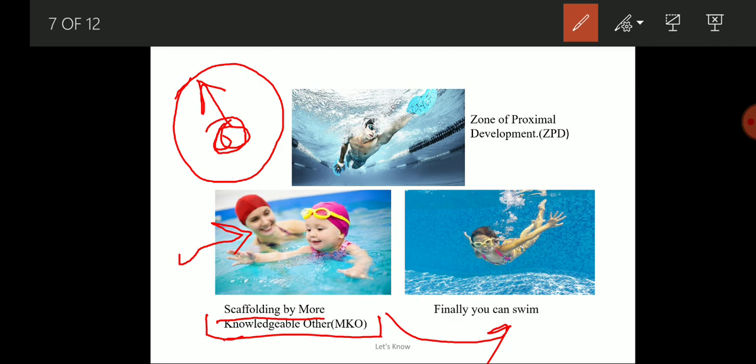That means here you see learning leads to your skill development. You are learning here how to swim, then you have developed your swimming skill.